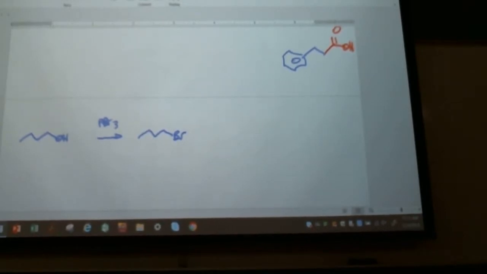In the first two steps, you use triphenylphosphine and n-butyllithium on the halide to form the ylide, right? So your triphenylphosphine comes in, you get that, then you put a base, your n-butyllithium, which extracts this hydrogen and forms this ylide.